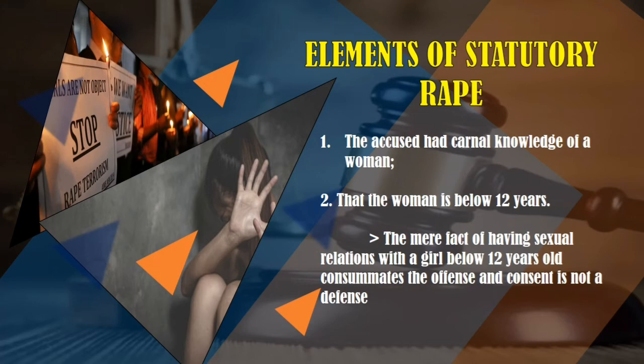So the mere fact of having sexual relations with a girl below 12 years old consummates the offense, and consent is not a defense, since the law presumes that a child below 12 years old cannot give intelligent consent to the sexual act.